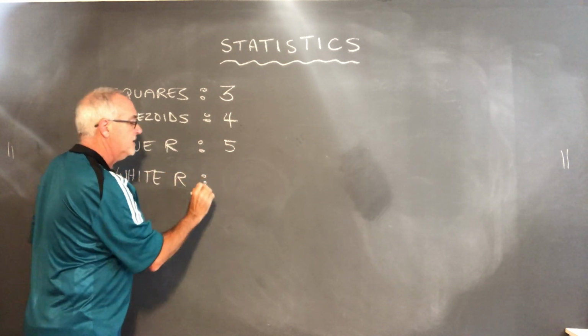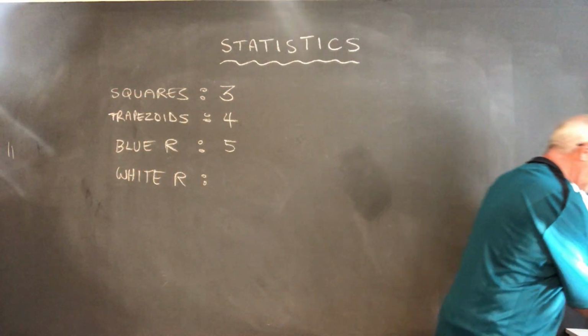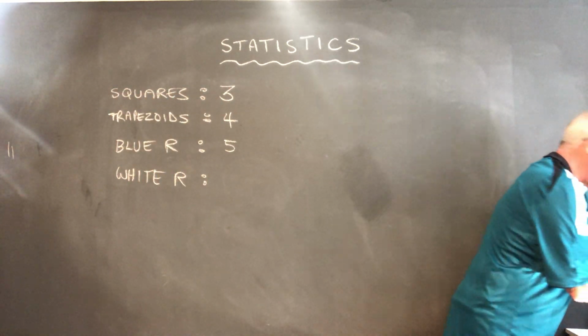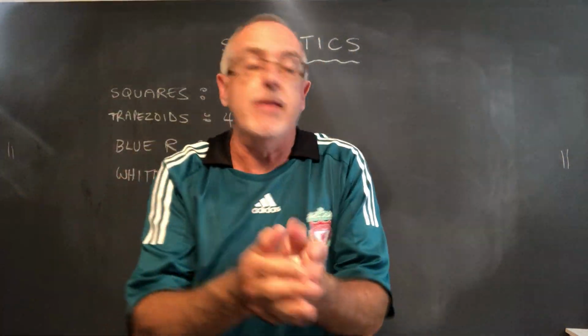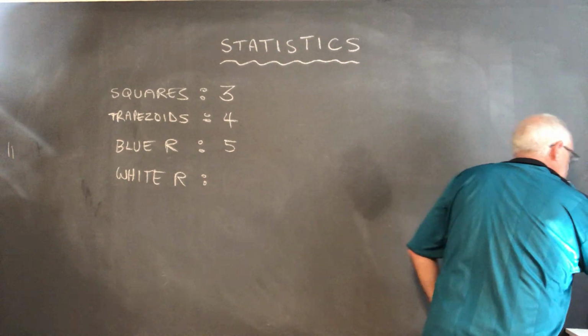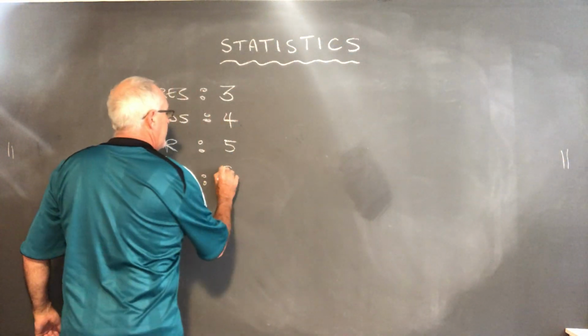White rhombuses. And how many do I have? I'll show them briefly. And it's hard for you to count in the camera, but there are 8 of these. Okay, so we have 8.